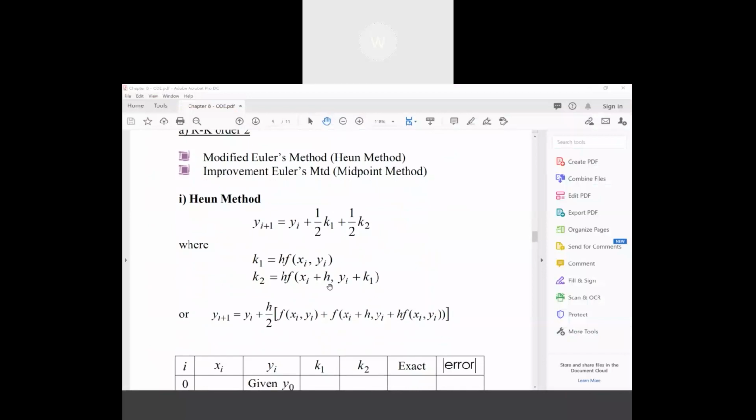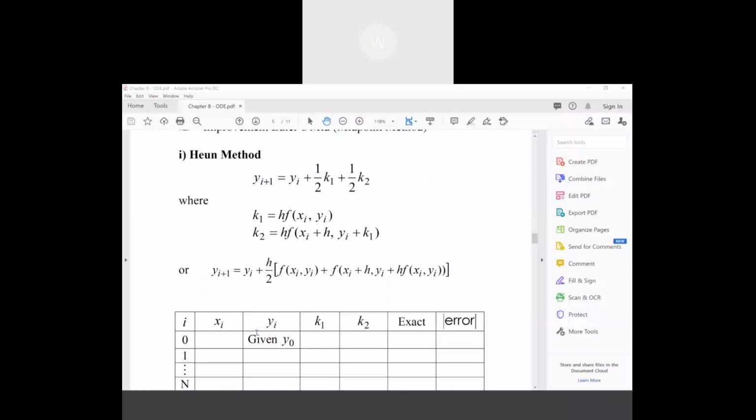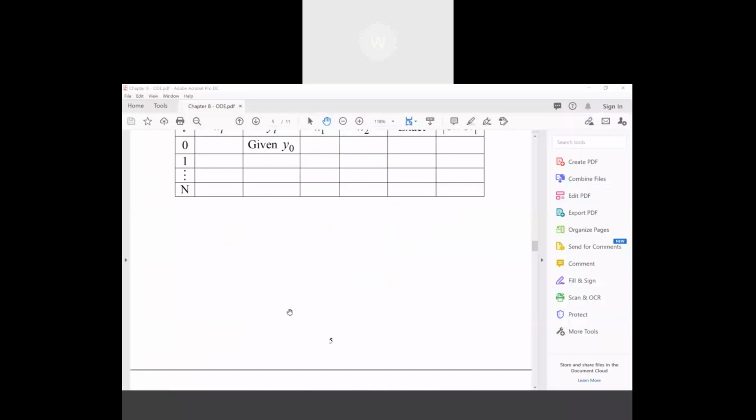And the formula will be given. So you need to calculate k1, and then you calculate k2, and then substitute k1 and k2 inside this formula, and we have the next value for y using this formula. Okay, that's Heun method.